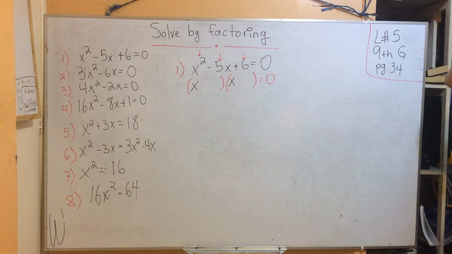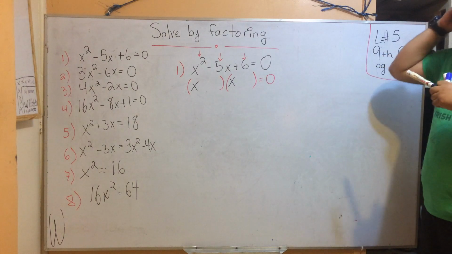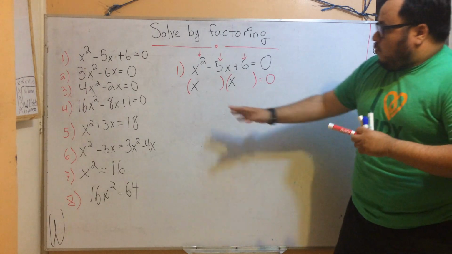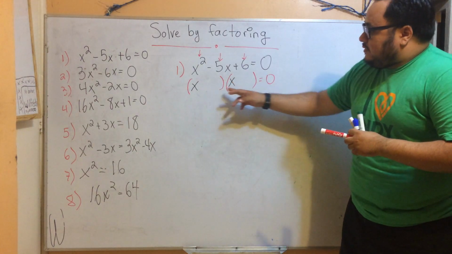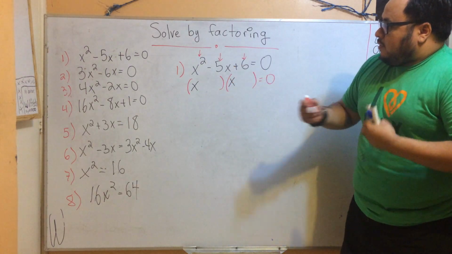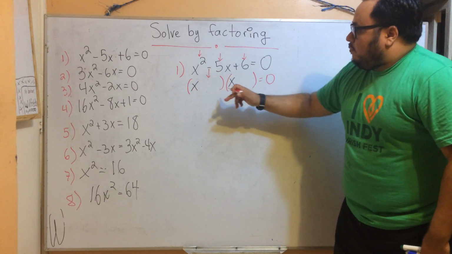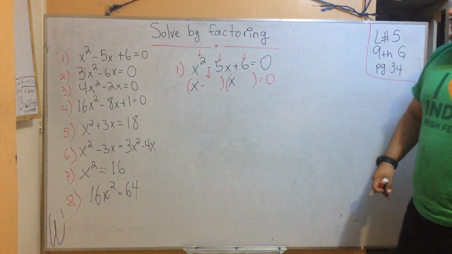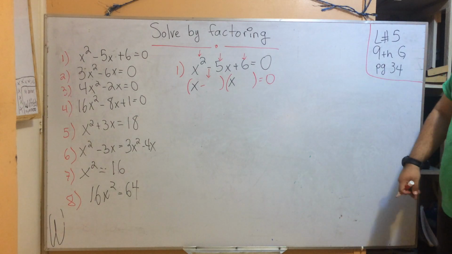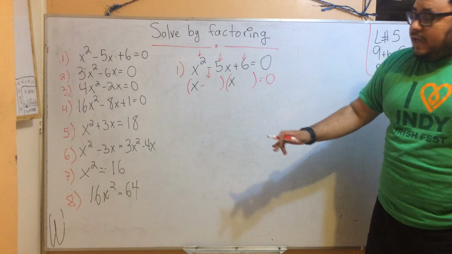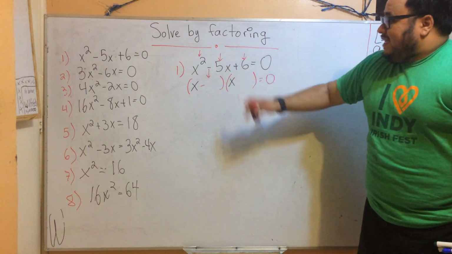Now, one rule that we can follow that's going to help us a lot is the following. When we're converting this into this, first we copy the first symbol. This one is going to be minus. And the second term here is going to be the multiplication between the first term and the second term.